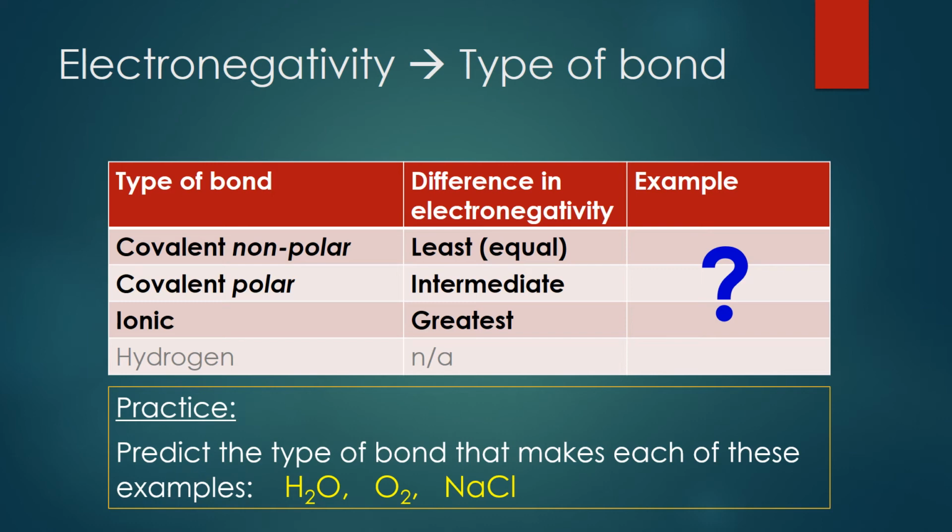On the other end of the spectrum, ionic bonds are formed between atoms that have a huge difference in electronegativity. So if we do this practice problem, predicting the type of bond that makes each of these molecules, an H2O, an oxygen bonded to itself, O2, or a sodium bonded to a chlorine, NaCl, which is also called salt.